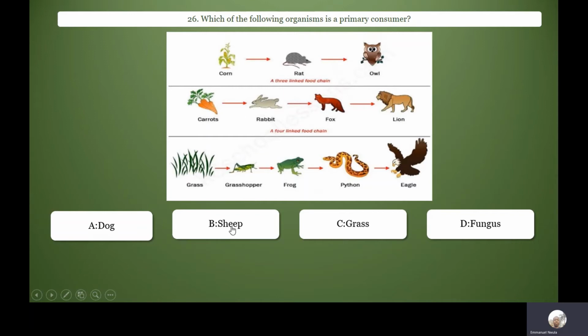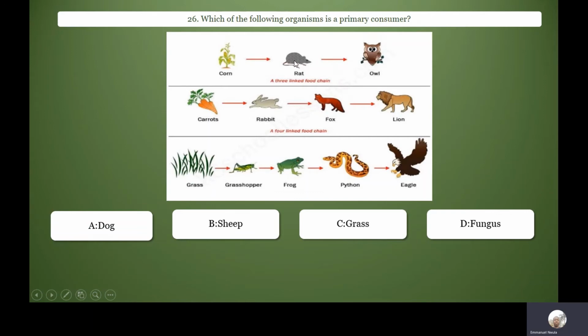So the correct option here is B, sheep. Sheep feeds on plants. It's a herbivore, so it's herbivorous. The primary consumers are either herbivores or omnivores. So the correct option here is B.